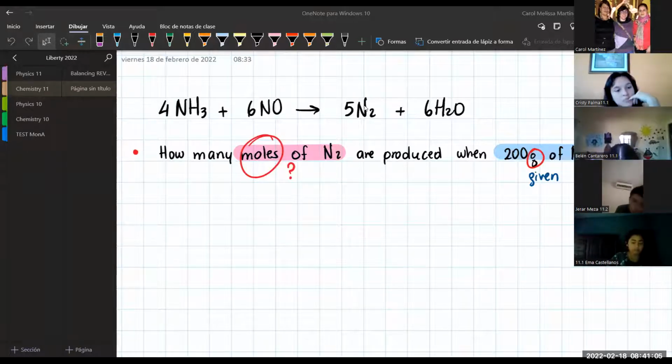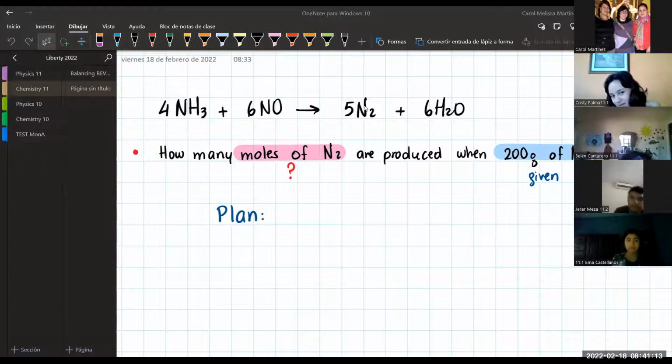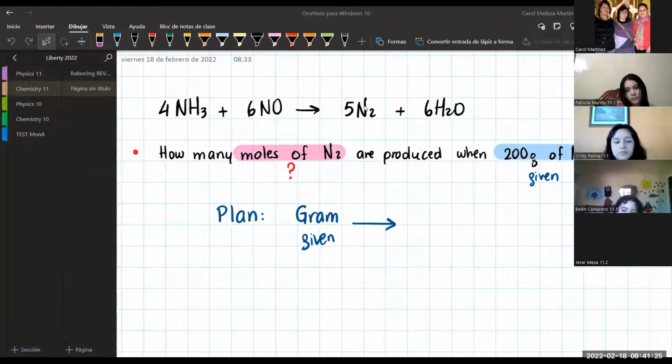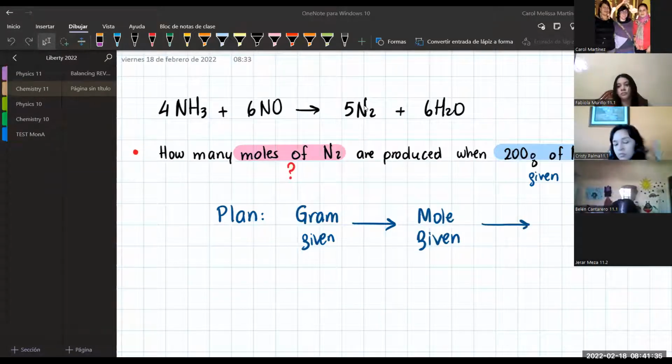In this case, they are giving us grams, so the plan is: from grams given, I need to get moles given, and from moles given, I need to get moles unknown, moles of the unknown substance. So that's your plan.